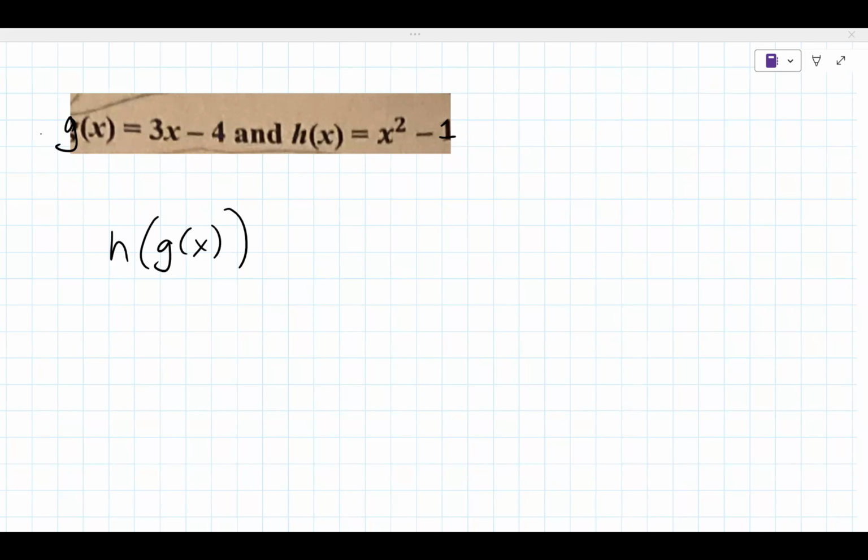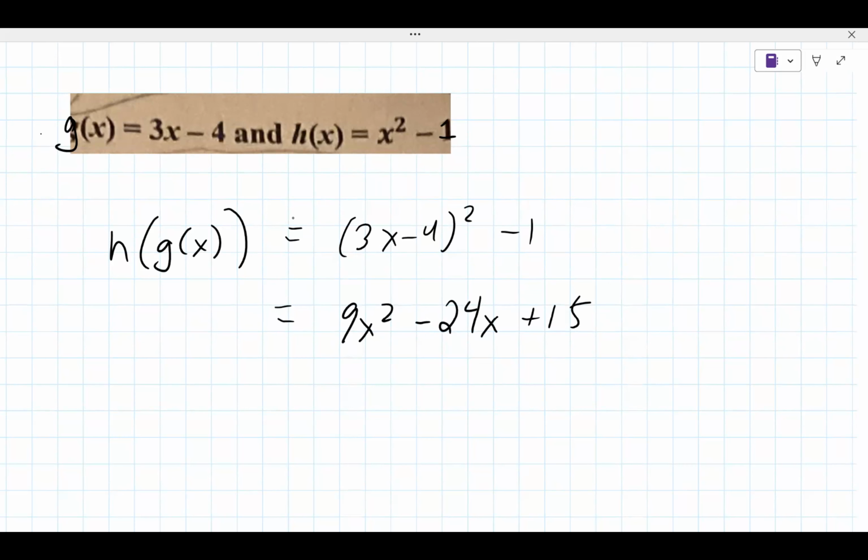So that would be 3x minus 4, 3x minus 4 minus 1, and then I'm going to FOIL 3x minus 4. Exactly. Can you do that for us, please? 9x squared minus 24x plus 15. So plus 15, you said? Yes. Okay, good.